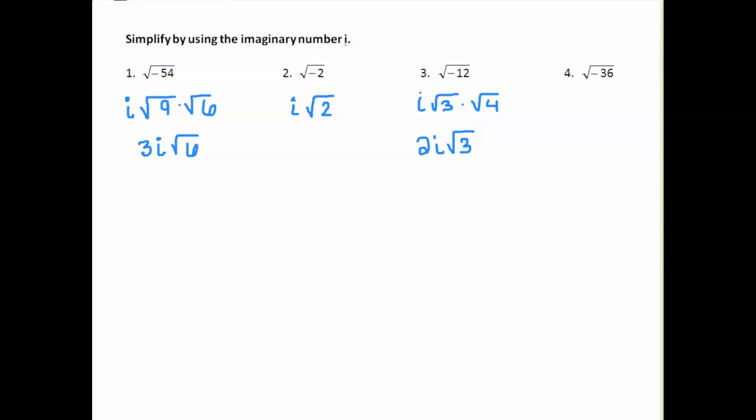You're going to see a lot of 2s, 3s, 6s, 5s, 7s, etc. And then 36 is a perfect square. So the square root of negative 36 becomes 6i.